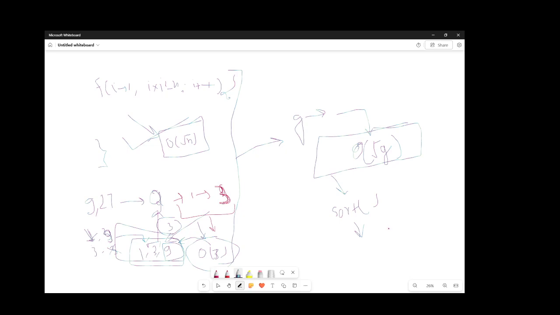I'll be purchasing it very soon. So we'll sort it, and then we'll return the highest value, let's suppose L, that would be lying in this range.